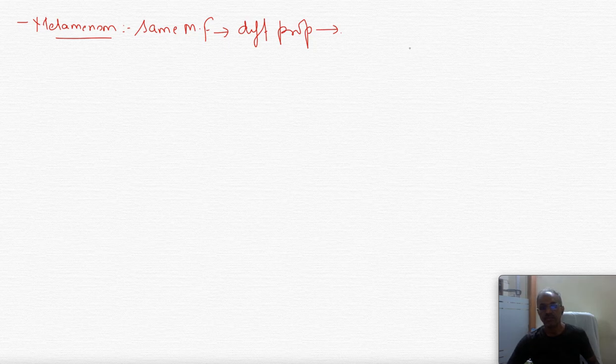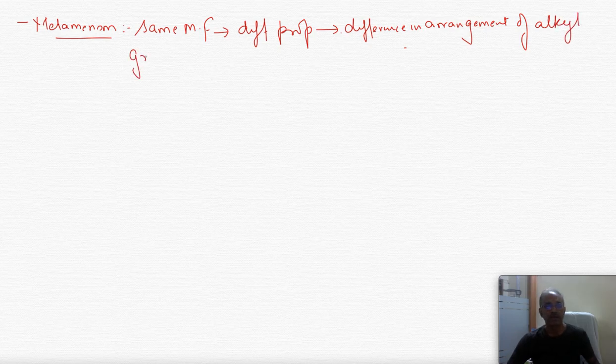Because of the difference in arrangement of alkyl groups present in them. You can say the same thing, that is okay, metamers.